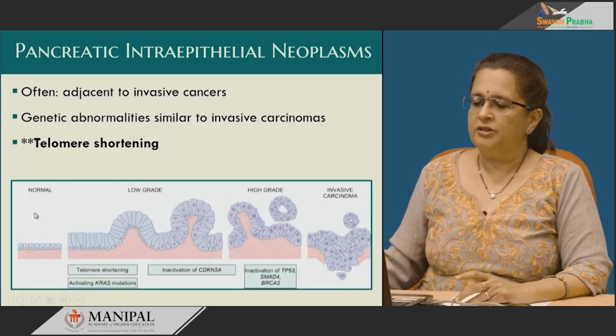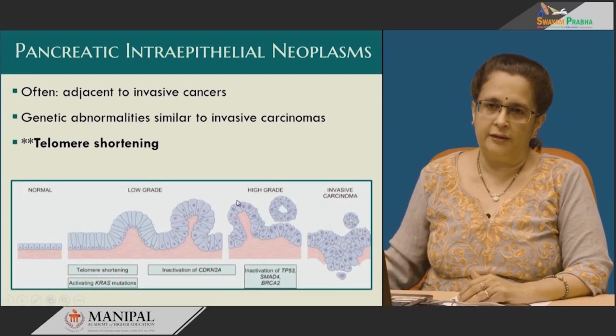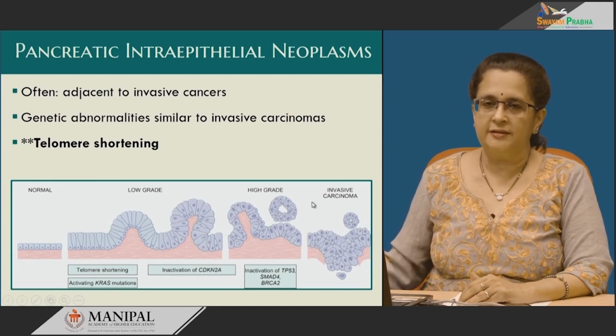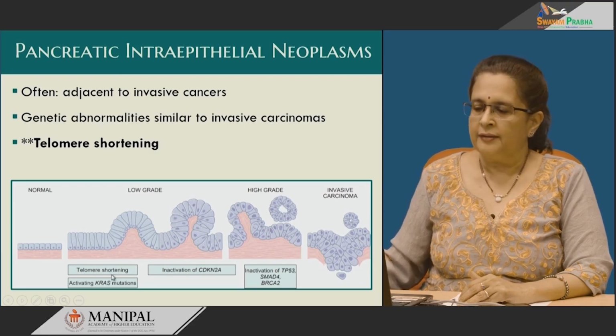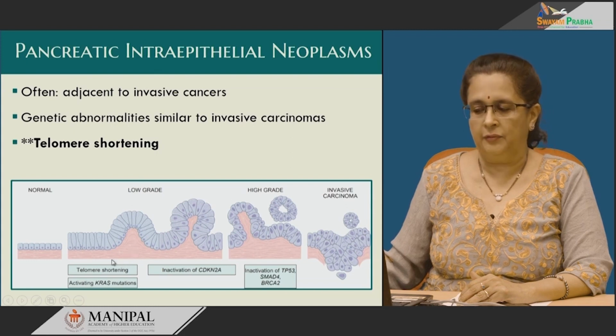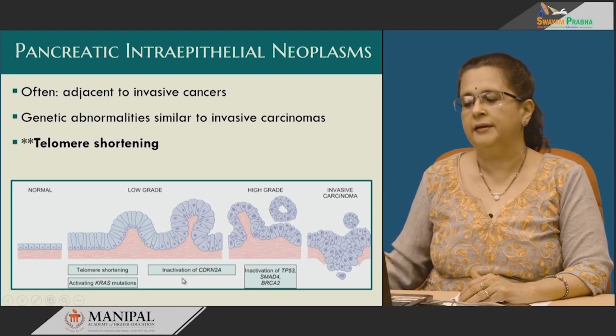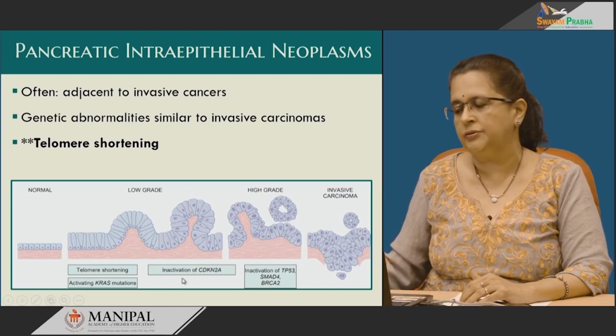Now, this is a picture depicting the progress of the neoplasm and the genetic abnormalities seen from PanIN to invasive carcinoma. So, in PanIN we get telomere shortening, then activating KRAS mutations. Now, this causes the low grade PanIN to proceed to high grade along with the inactivation of CDKN2A.